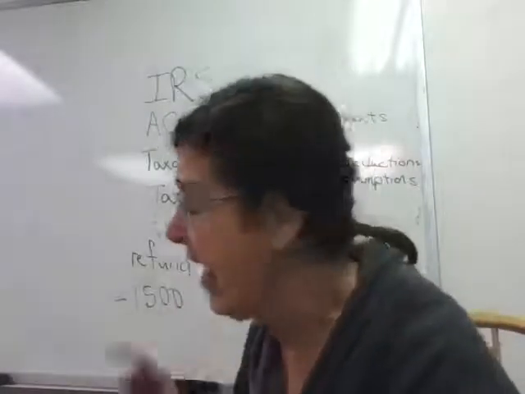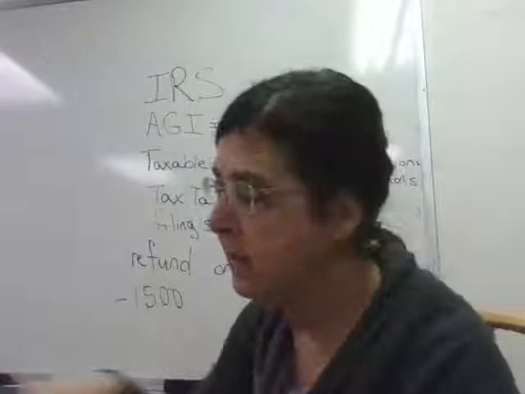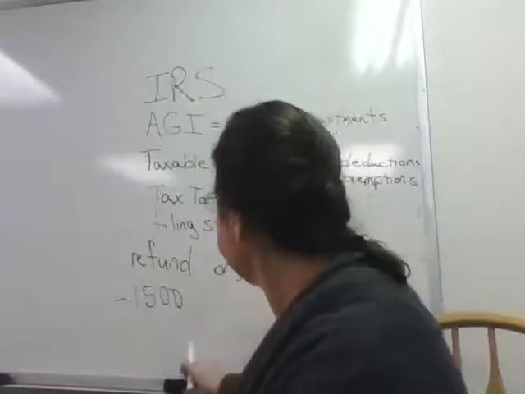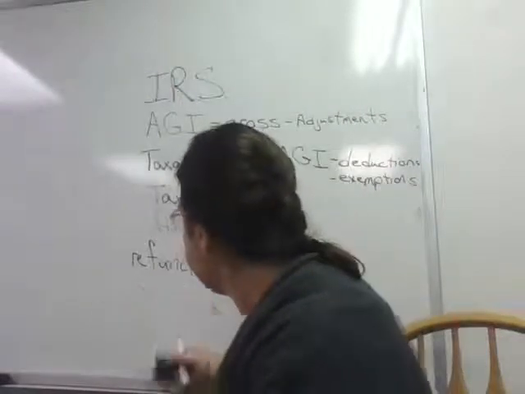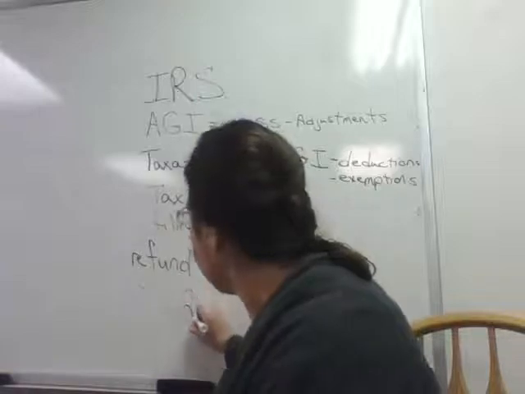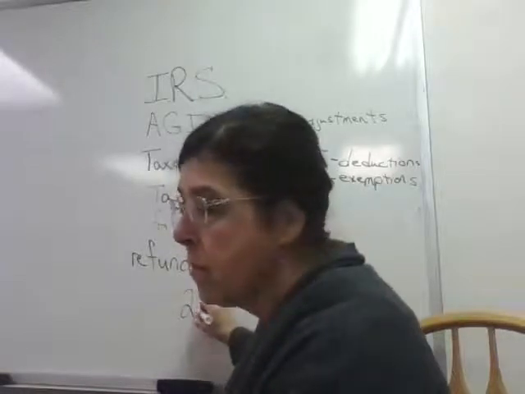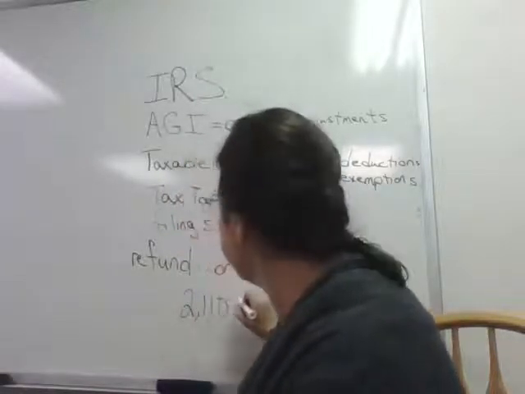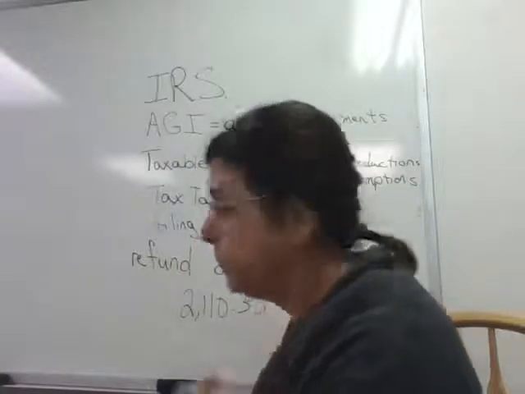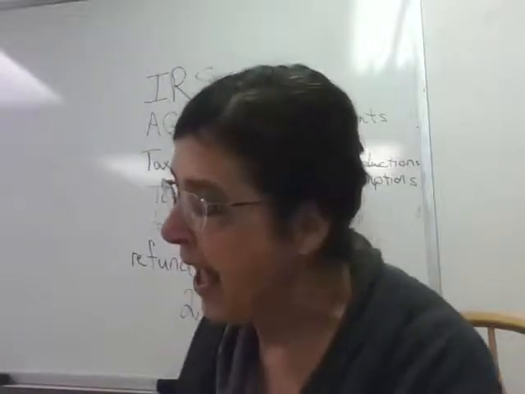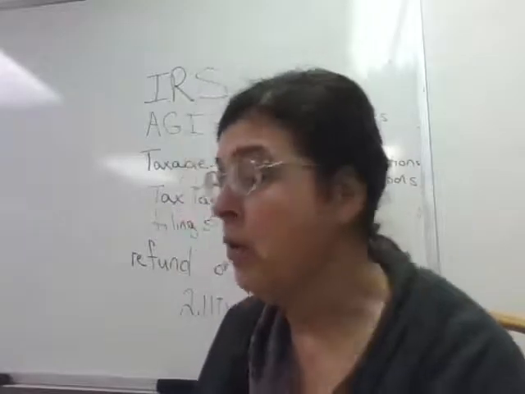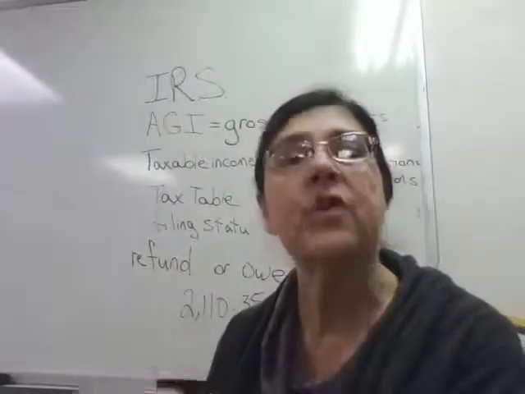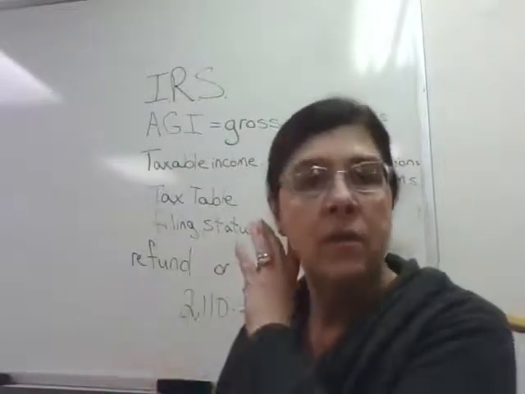The tax withheld is $2,110.35. The actual tax you owe, which means the number that they've looked up in the tax table.